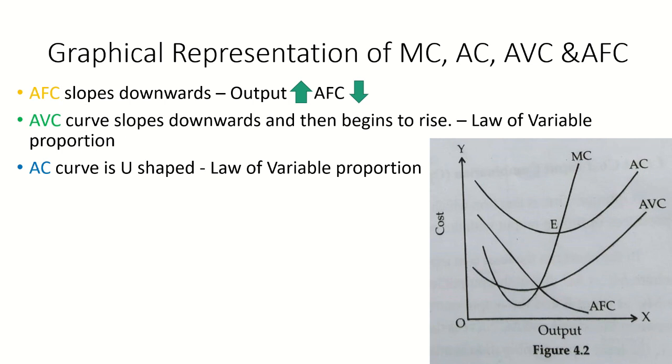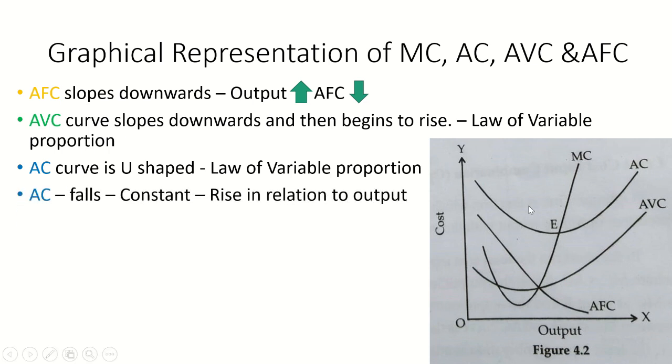And third one, see the AC curve, the average cost curve. We can say that it is a U-shaped curve. Again, the reason is the law of variable proportion. And we can see three phases in the AC curve. The first phase is that it falls.